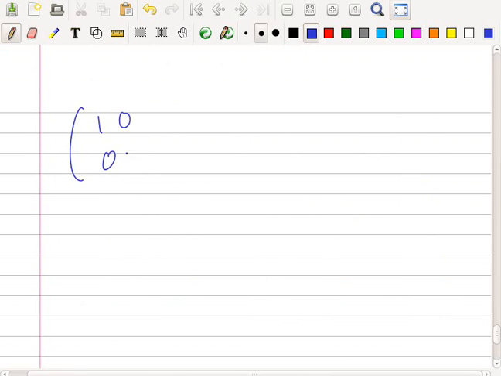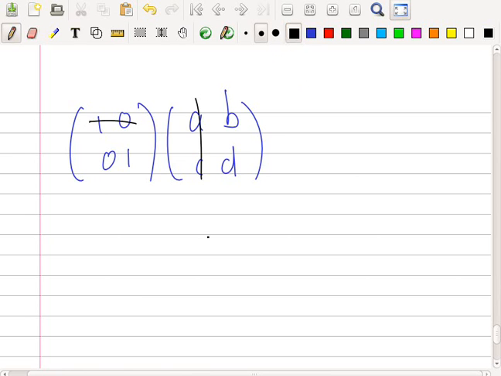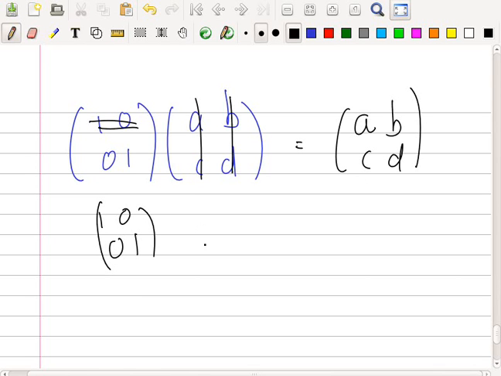If I multiply this by this, what's that multiplied by that? It'll just be A. And then when I multiply this by this, I get B. And what ends up happening is when I multiply this one by anything, I always get back the original.